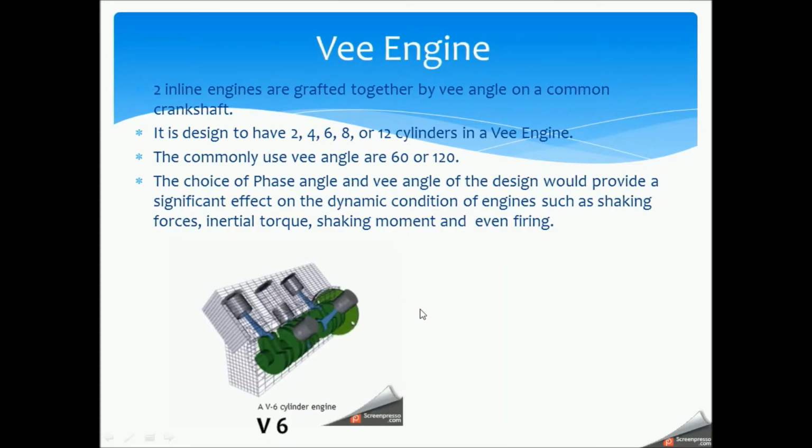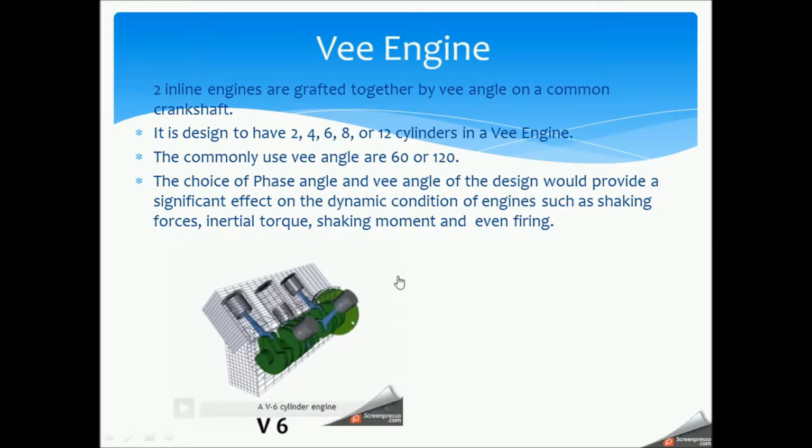Next, it will be V engines. A V engine also can be seen as two inline engines merged together at a certain angle, such as 60° or 120°, and this angle is known as the V angle. If the V angle is 180°, it will be known as the opposed engine, as we have discussed earlier.